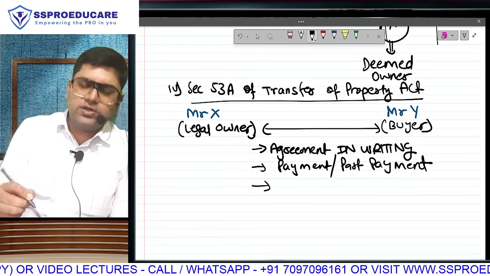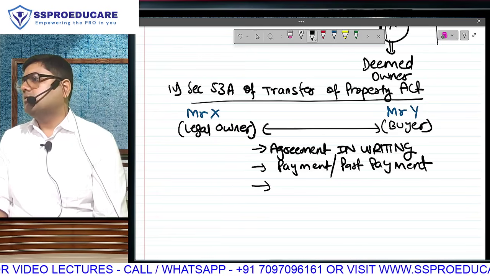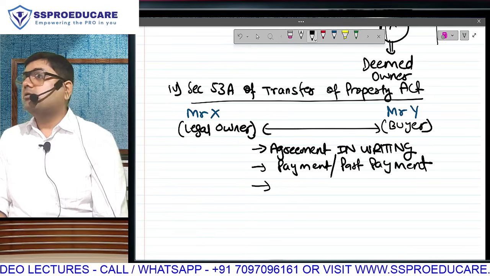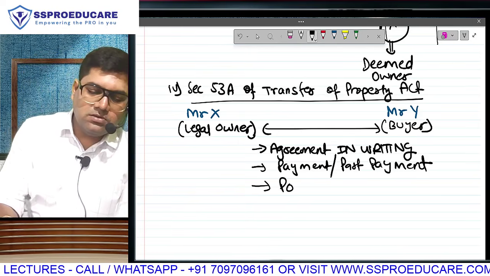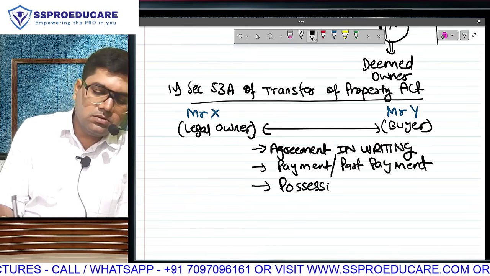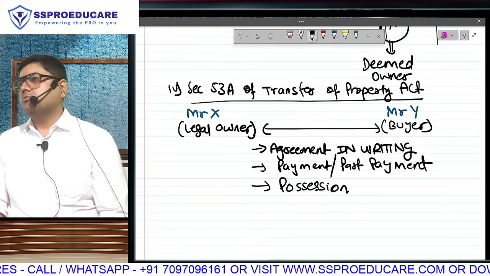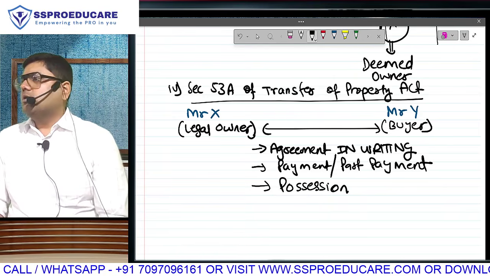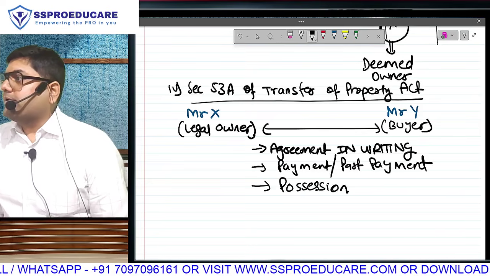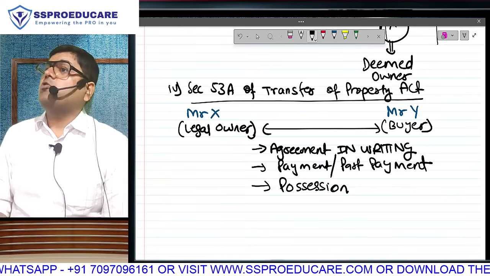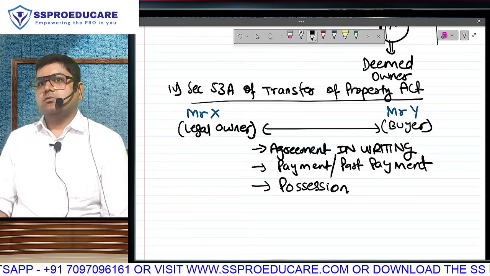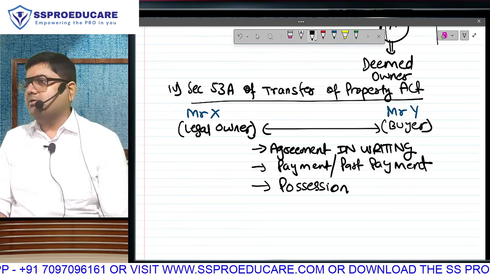Any guesses? Duty on the seller? Transfer, meaning hand over the possession. So the buyer has made payment, the seller has handed over the possession, and they have done the agreement in writing.